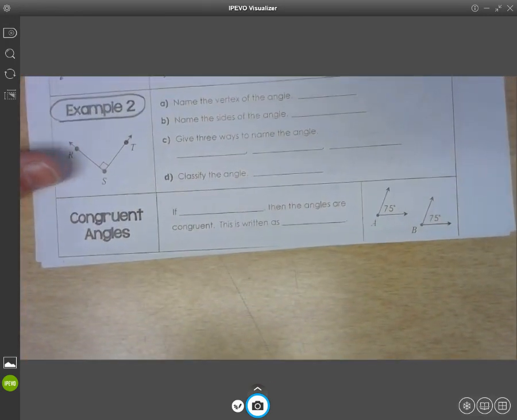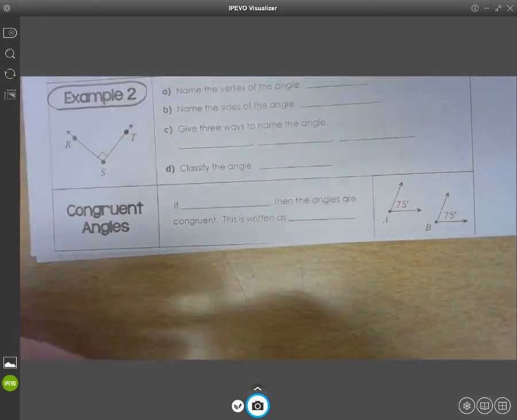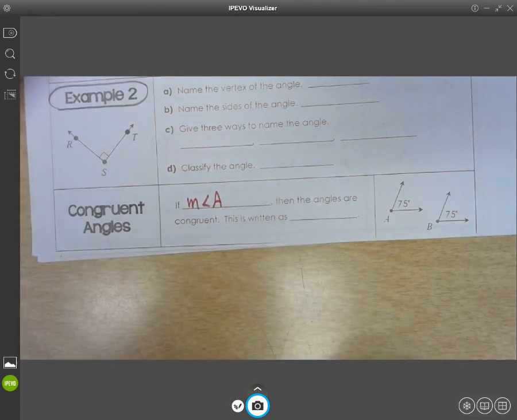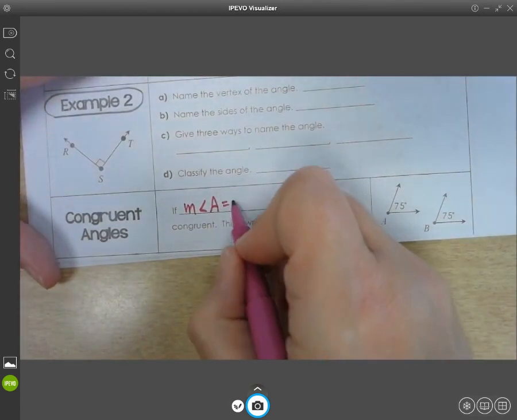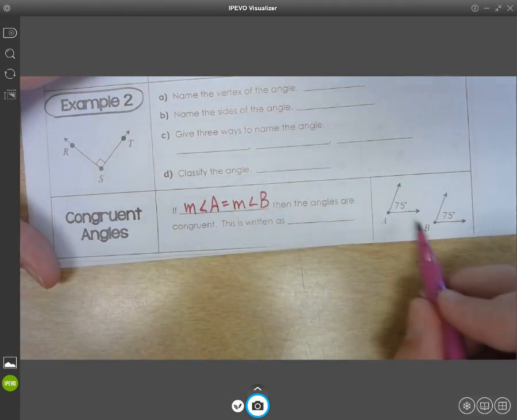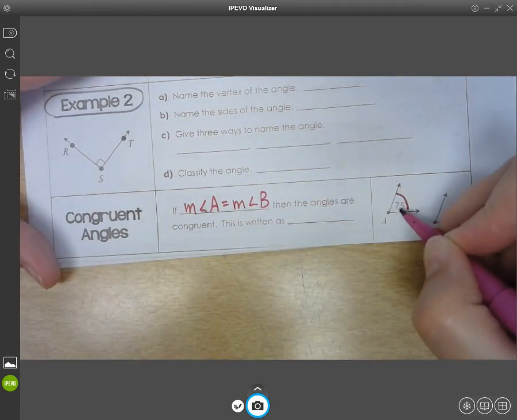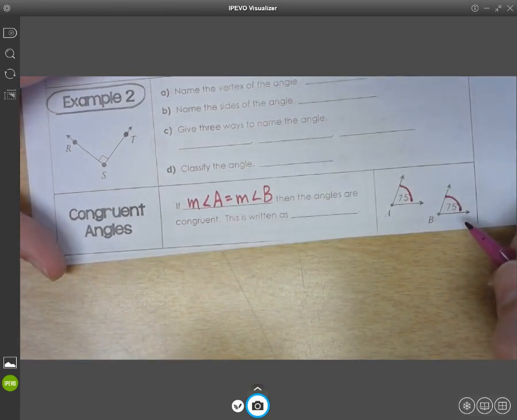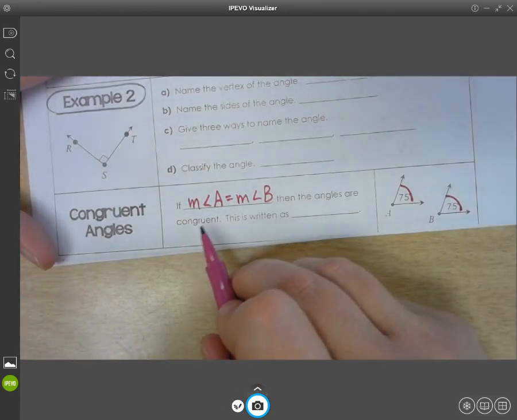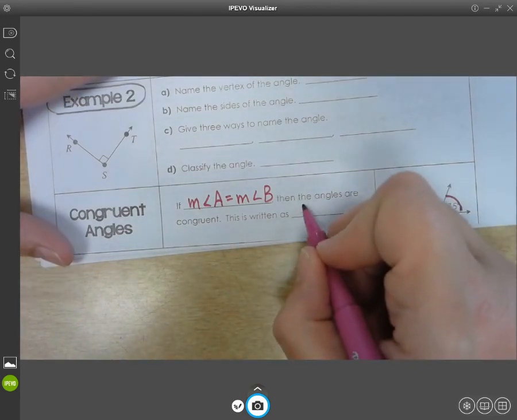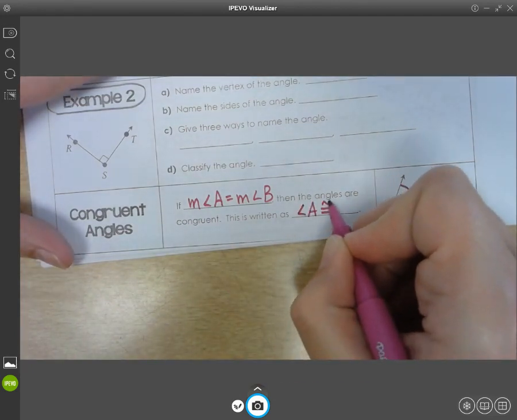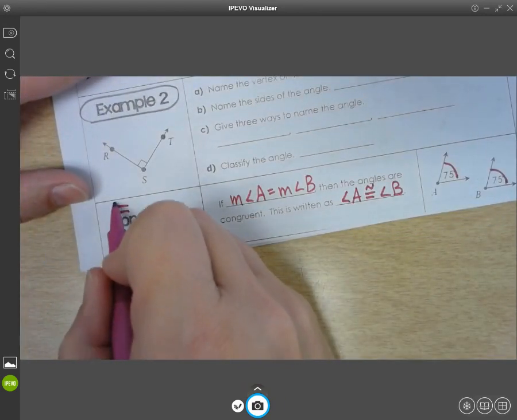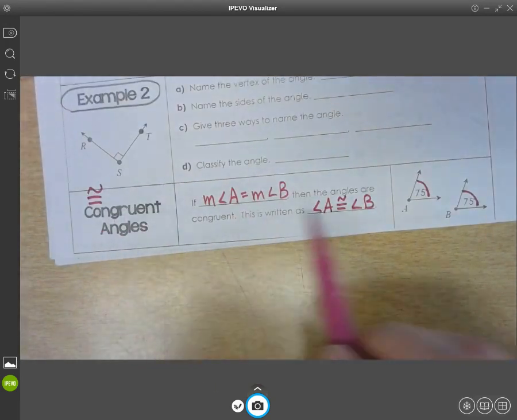I'm going to go down here to the bottom where it says congruent. Okay? If the measure of angle A is equal to the measure of angle B, so this angle A is 75 degrees, this angle B is 75 degrees as well, then the angles are said to be congruent. So the way we write that is we say angle A is congruent to angle B. Remember, the symbol for congruent is an equal sign with the little squiggly over the top.